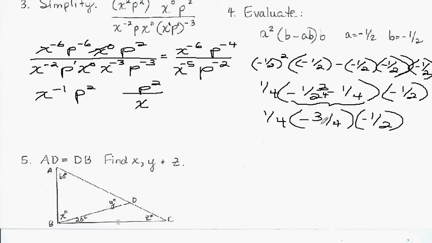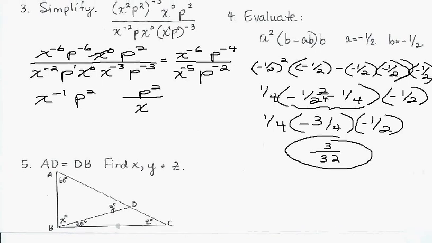The parentheses mean multiply. So we multiply across the top. We have a negative and a negative, which would give us a positive. So we're going to get 3. And then we multiply across the bottom. 4 times 4 is 16, times 2 is 32. So our answer is 3/32. That one caused a lot of problems. So hopefully you can see what you may have done wrong.